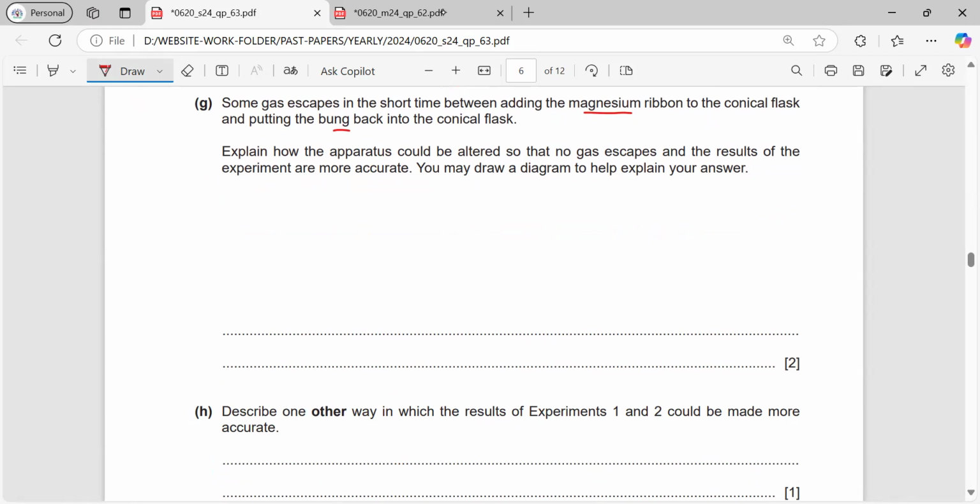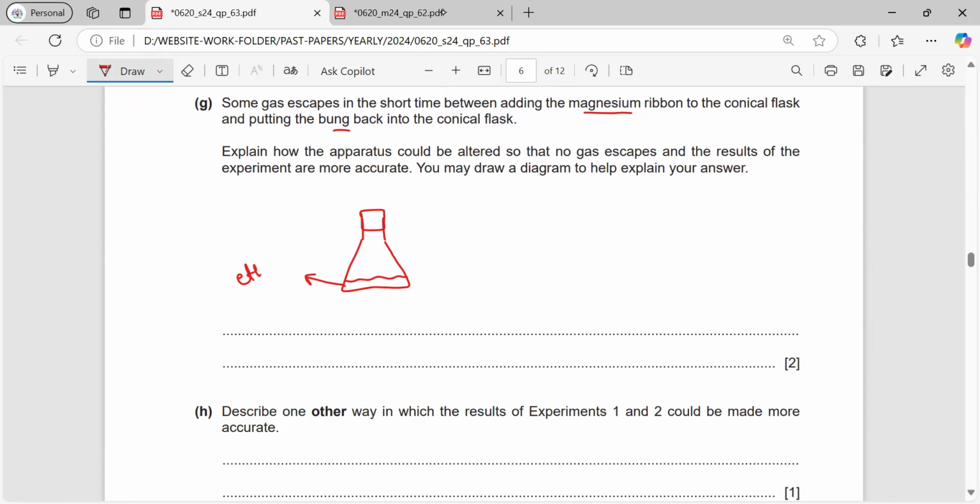Now for this one, we should keep the acid and magnesium separate at the start of the reaction, while having a bung on. This means the magnesium should be inside the flask while the bung is on. So the proper way is that we should have acid in the flask.